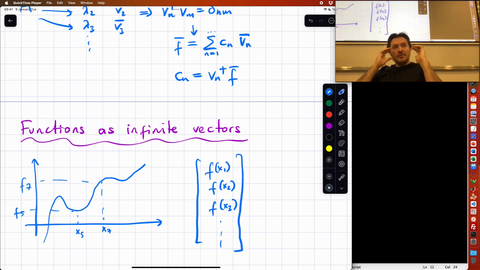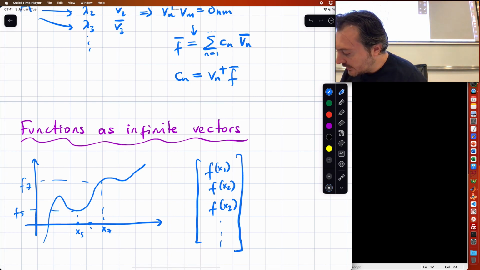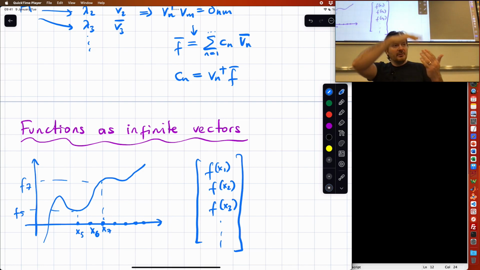If you have trouble thinking about it, then I don't know if this will help or not, but you can chop it down to a certain finite number of points. Maybe you are going to plot it in a computer, so you can't tell the computer to just plot sine x. You have to tell it what sine x is at each individual point.